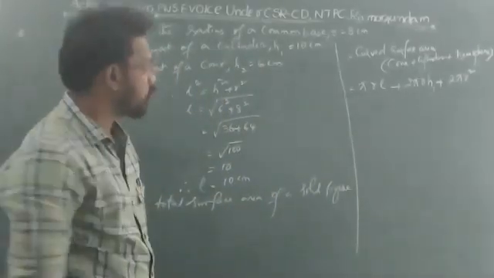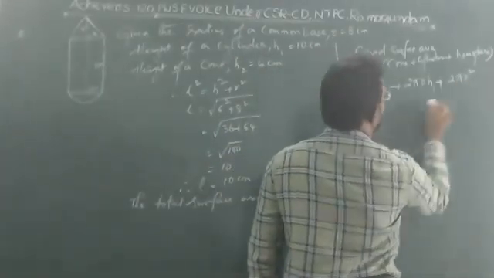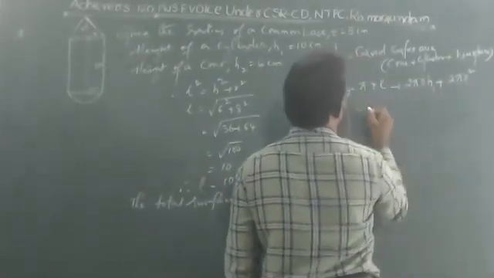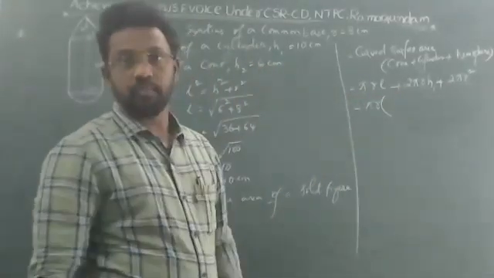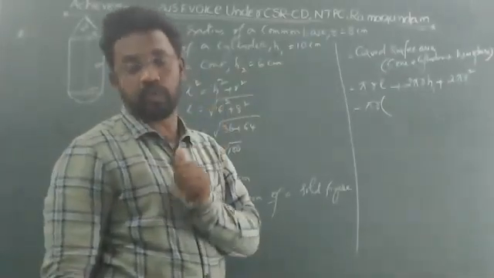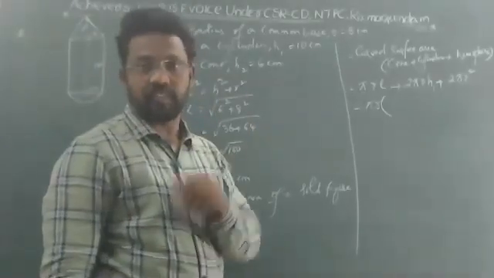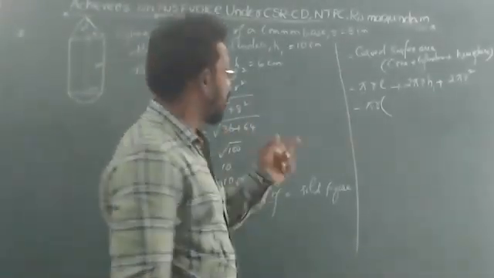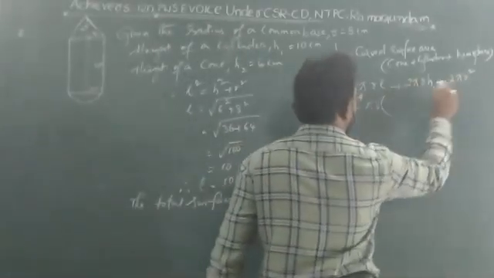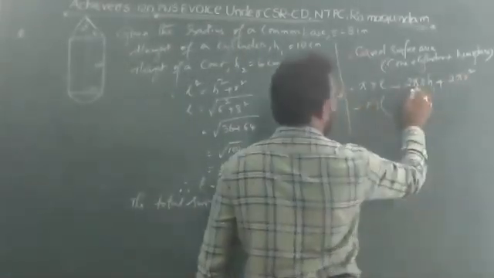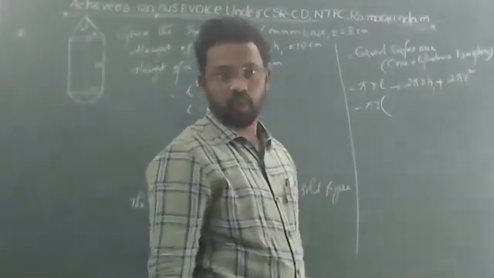Now see, r is common and pi is common, so you can take pi r as common, because the calculation will be reduced and it will be very easy to calculate. Pi and r are common for all three terms. Here 2 pi is there, but in the cone there is no 2, so you can't take 2 as common.